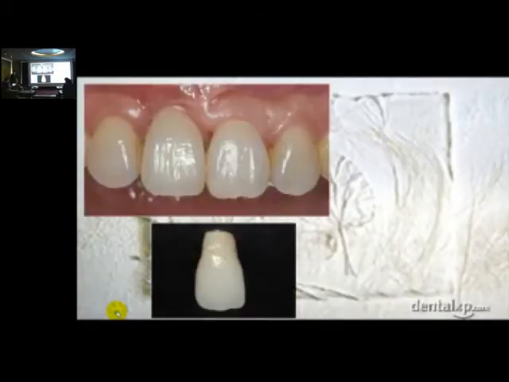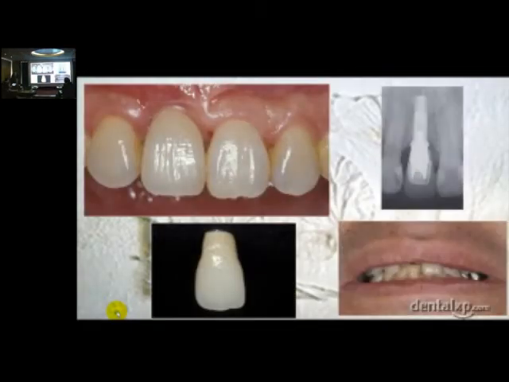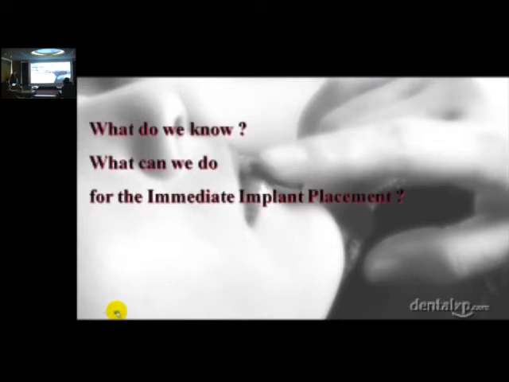The superstructure did not achieve a symmetrical cervical line, but this patient was satisfied because he has a low smile line. So why does the last case have a long tooth on the implant? What do we know? What can we do for immediate implant placement?